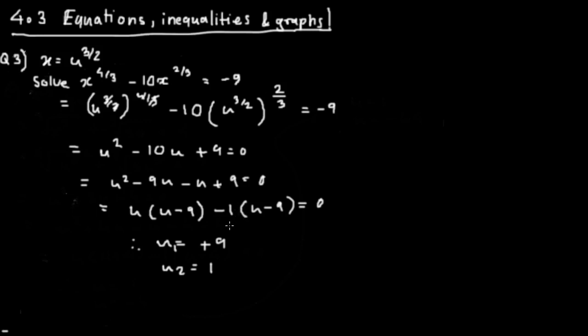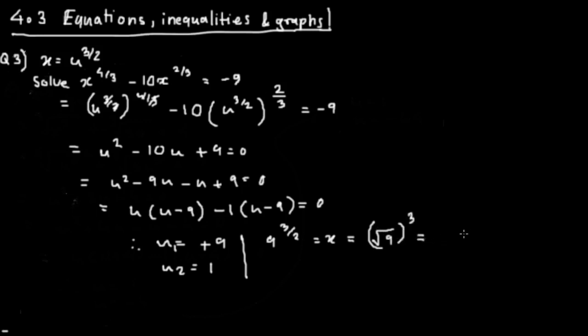So from here, what you can do is u is equal to 9, right? The first two. So this is 9 to the power of 3 over 2. Because you can see, use this 3 over 2. This is u, so 9 is equal to x, right? So then this is equal to the square root of 9 to the power of 3.